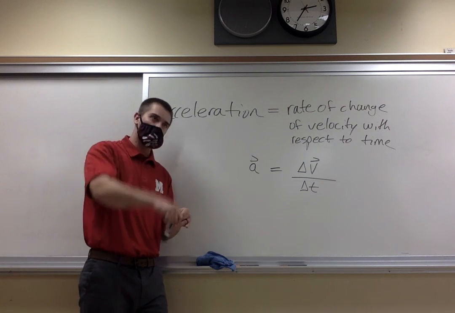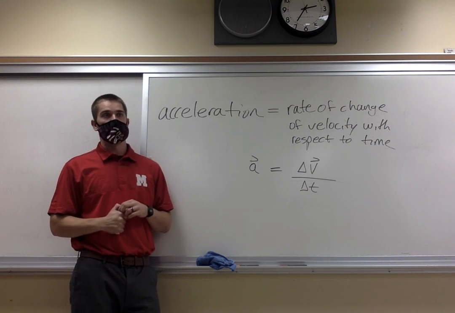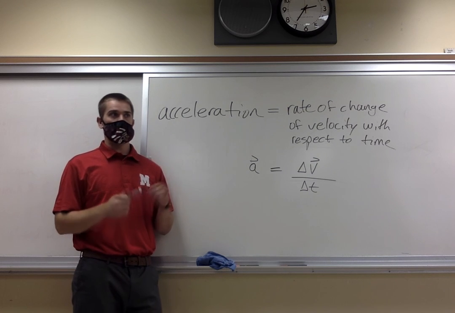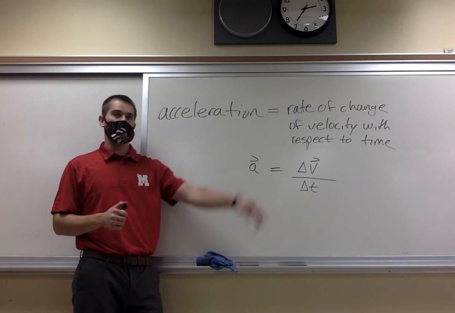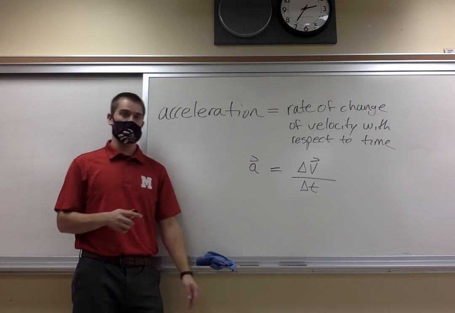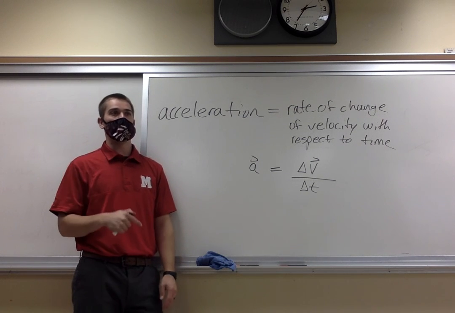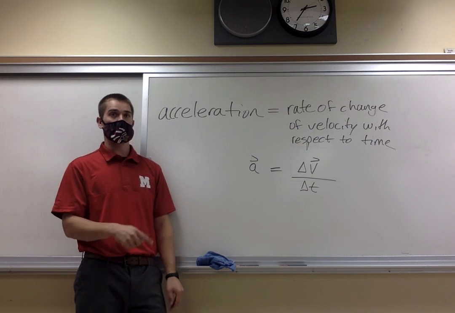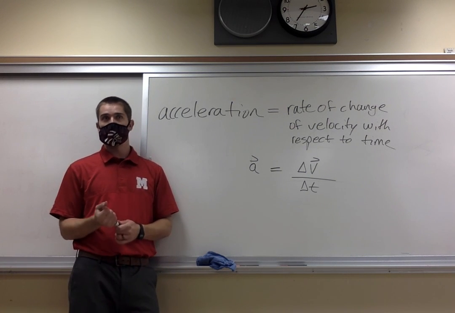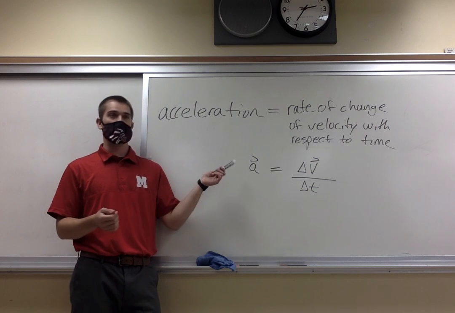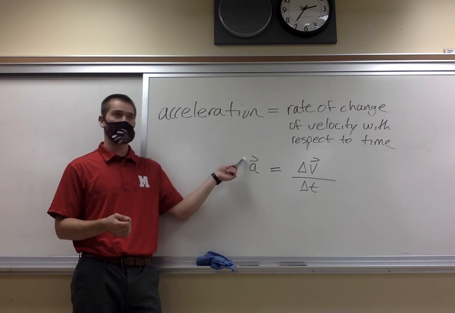Acceleration is how much your velocity changes with time. Meaning, initially I'm going 5 meters per second, and after 5 seconds I'm going 10 meters per second. My velocity changed by 5 meters per second during those 5 seconds. That's acceleration. It's also a vector.